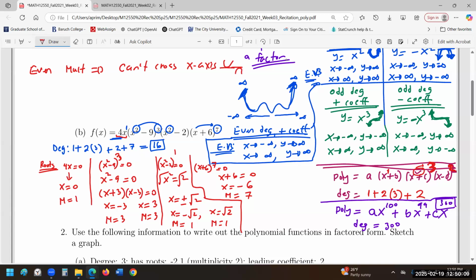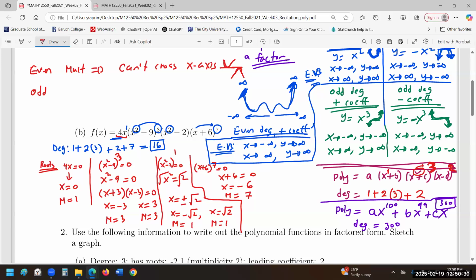Where you cannot cross, you just touch the x-axis and then go back toward the same direction you came from. For example, here, you go up to the x-axis, touch it, and then come down again. So even multiplicity you cannot cross.